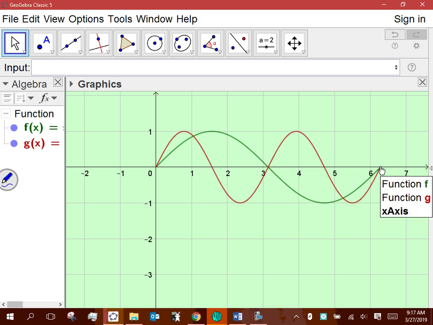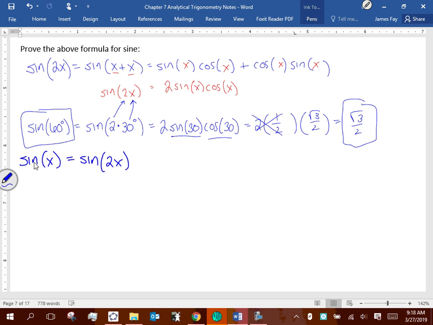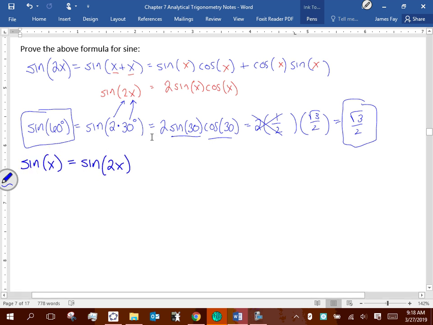Okay, but this 5th time is the repeat of that one. Does that make sense? Okay, so when we go through this, we're only going to find the 4 different values, the 4 different intersections.